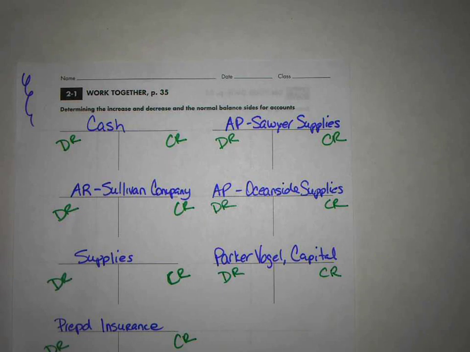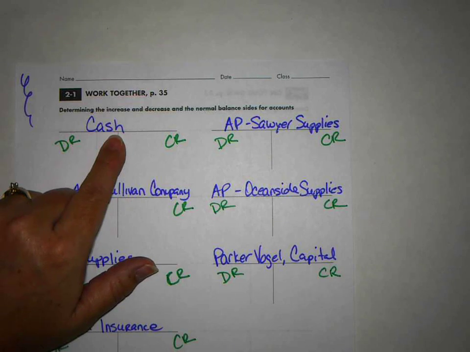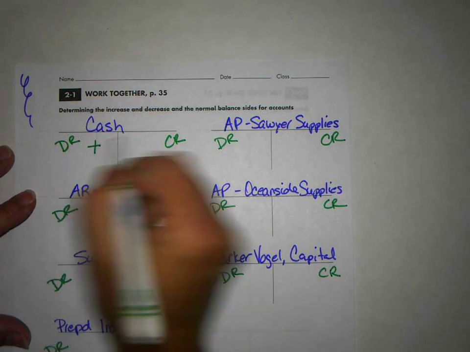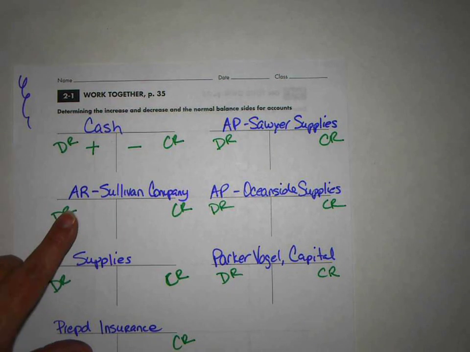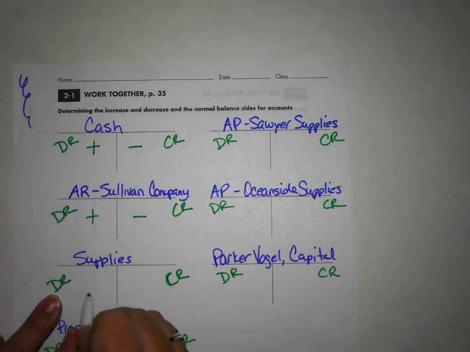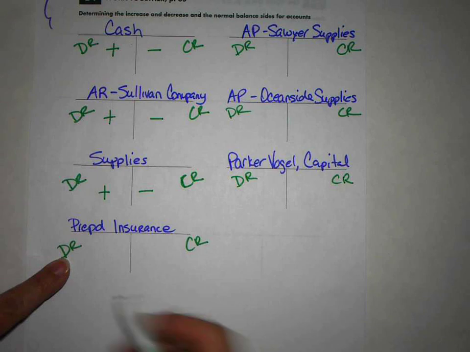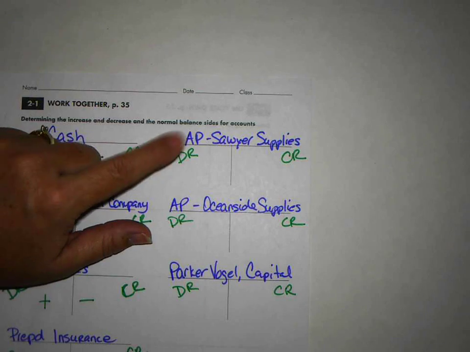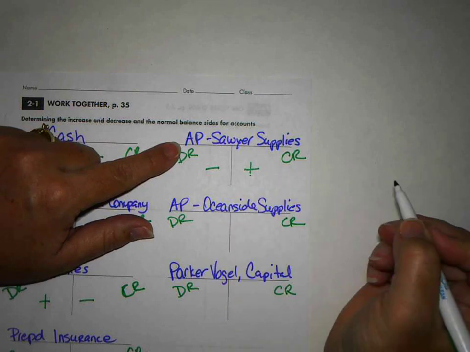Then draw the up and down arrows, or we can use pluses and minuses. So cash. Cash is an asset. We know that assets increase on the debit side, so we'll put the plus and the minus. Accounts receivable, that's an asset. Plus, minus. Supplies is an asset. Plus, minus. Prepaid insurance is an asset. Plus, minus. Accounts payable is a liability. So we're going to do a minus and a plus for liability.